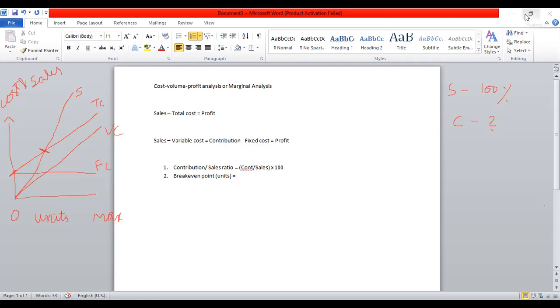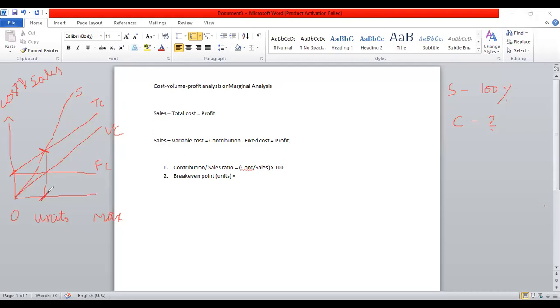When there is no profit, no loss, sales and total cost are equal to each other. They intersect at a point. That is the point of break even. On the graph, if we extend a line touching the x-axis, these are the units of break even point.